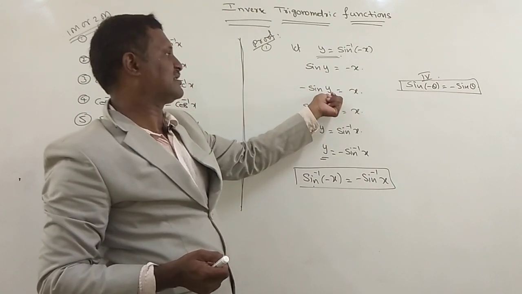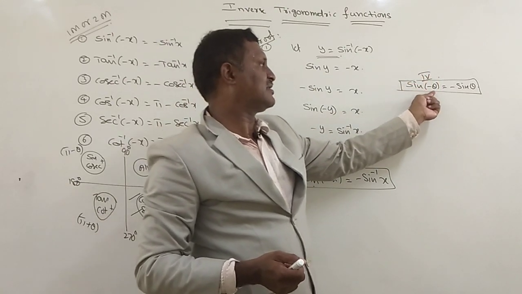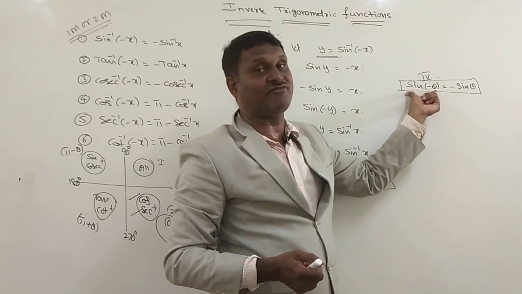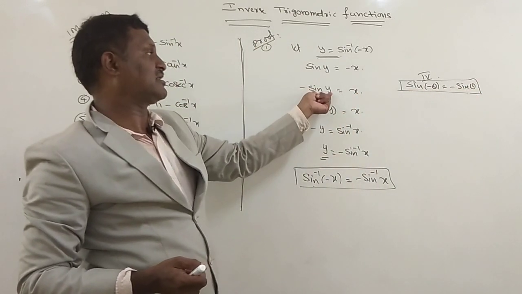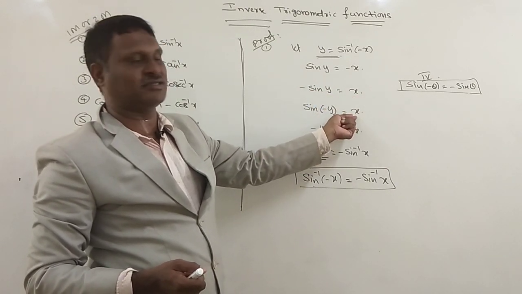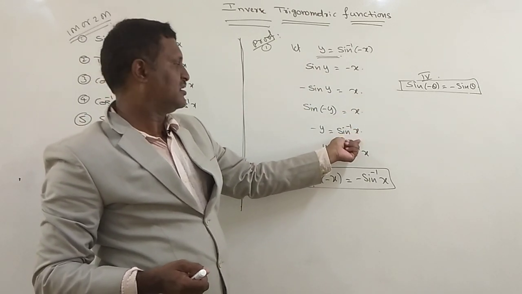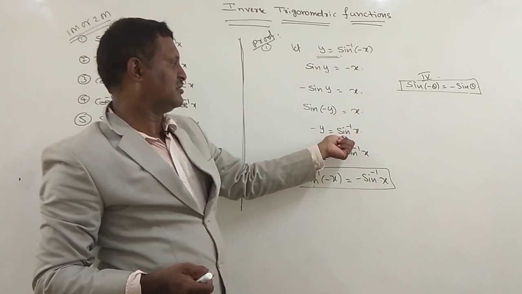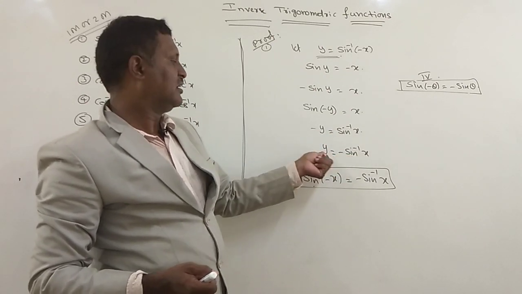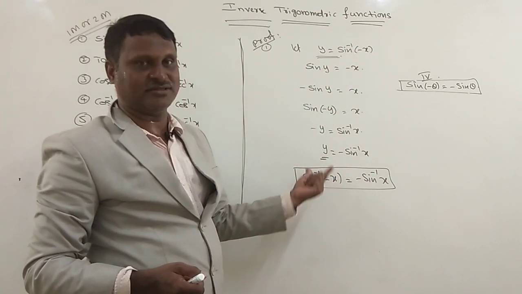Now minus sine y, based on the fourth quadrant, sine of minus theta is minus sine theta, so minus sine y is sine of minus y, that is equal to x. Now again, take sine to the other side, it becomes sine inverse x. Multiply by minus sign, y is equal to minus sine inverse x. Then what is y here? Sine inverse of minus x.